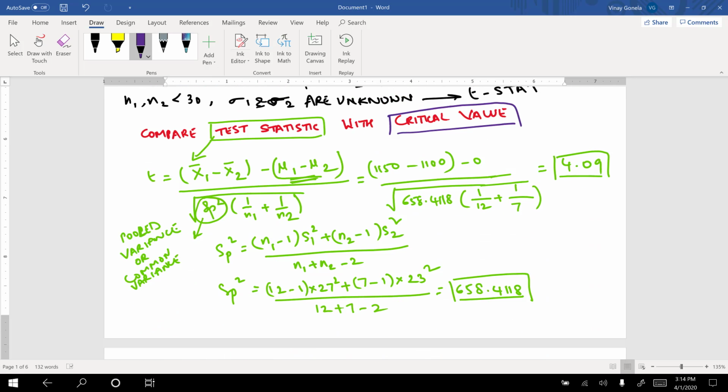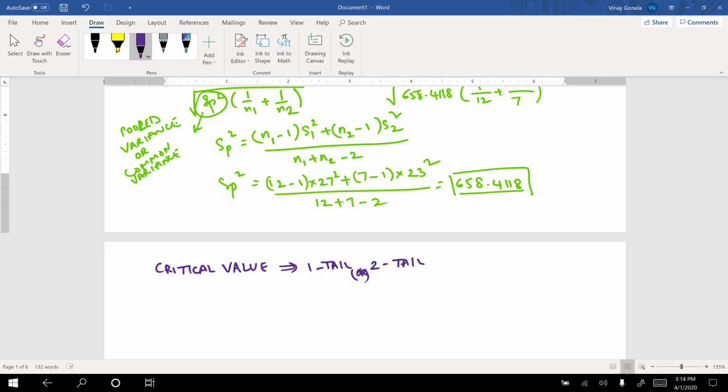If it is a one-tail problem, our critical value will be T alpha with degrees of freedom n1 plus n2 minus 2. So this is what we need to calculate.